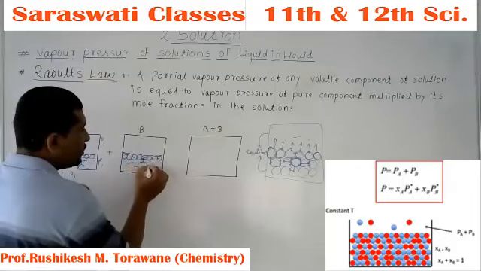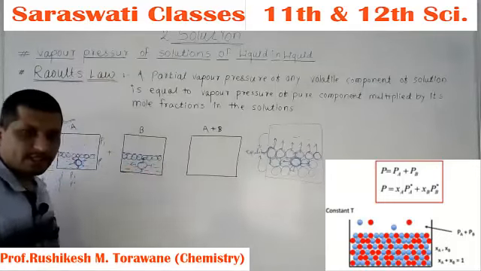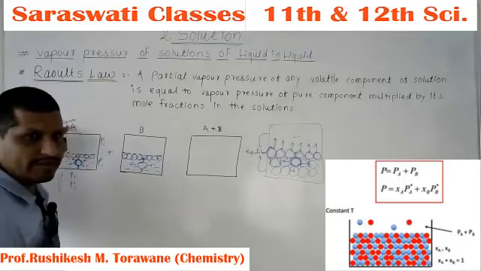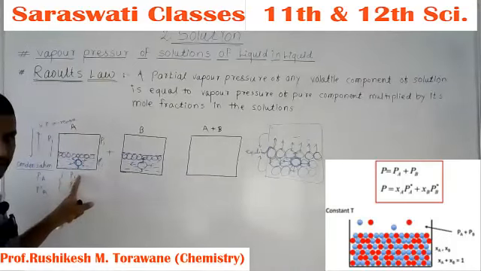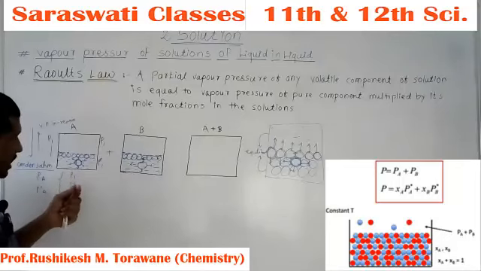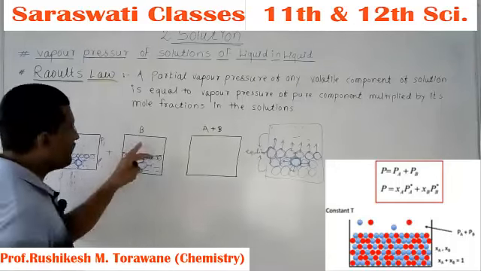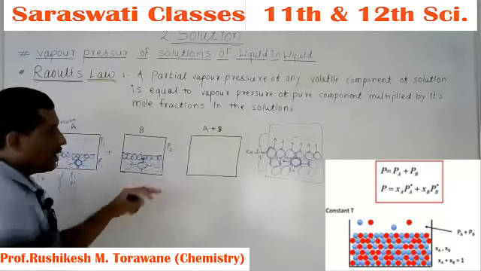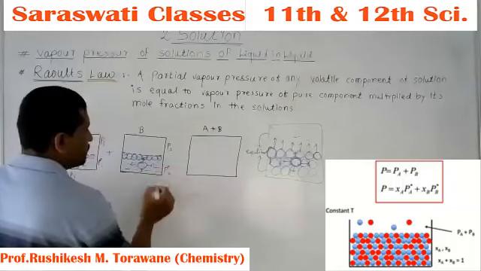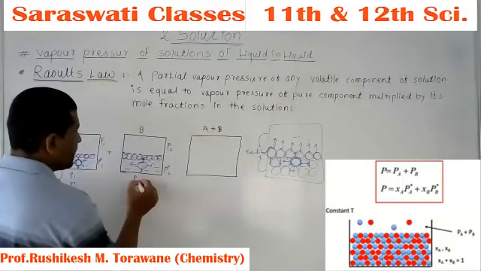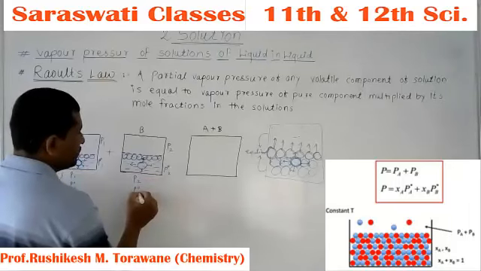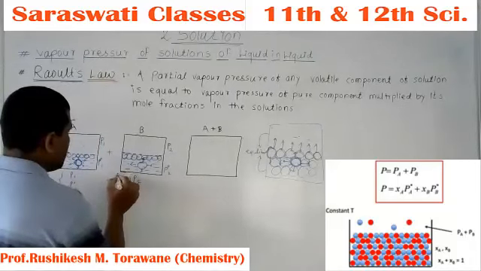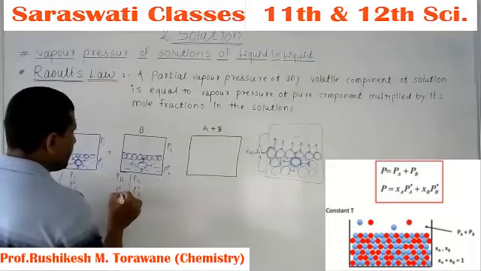Similarly, intermolecular force of attraction takes place between the molecules. As in closed vessel A, with partial vapor pressure P1 and vapor pressure P01, similarly here we consider partial vapor pressure P2 and vapor pressure P02, indicated as P2 and P02. We can also write PB and P0B.